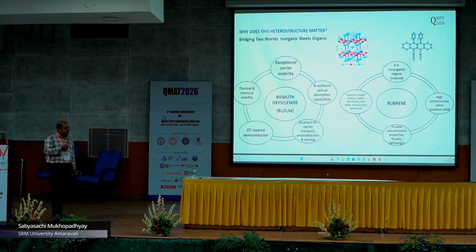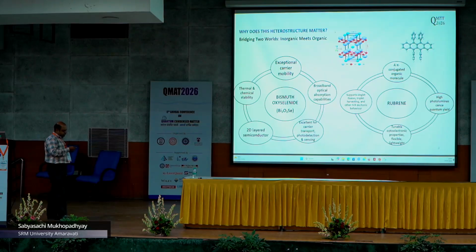So what we are planning to do here is bridge the worlds, the inorganic when it meets the organic. For the inorganic we are thinking of two-dimensional materials. In that case the organic also has to have the same type of structure, otherwise there will be a lateral mismatch.